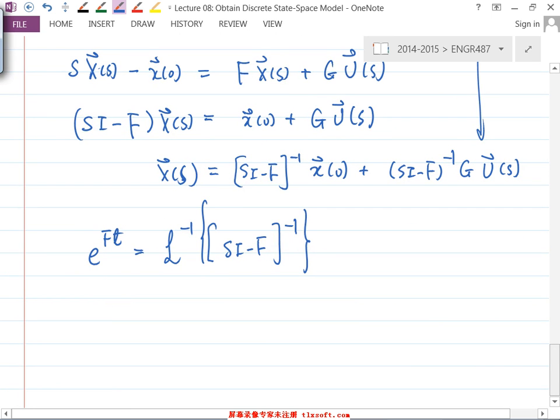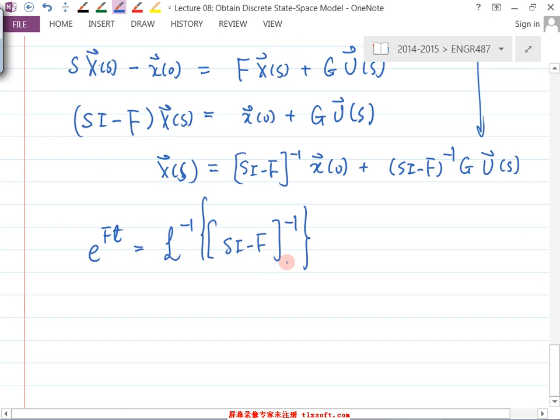In MATLAB, you don't need to do this. There's a command called expm. All you need to do is use a symbolic variable, say syms t.